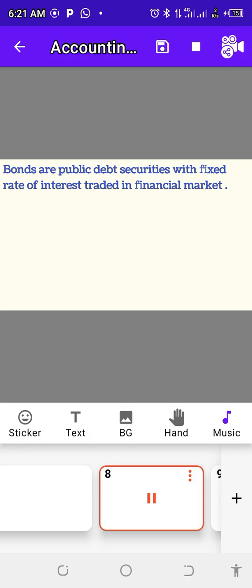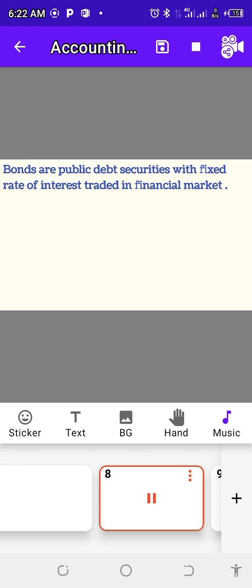What are the examples of bonds? Bonds are public securities with a fixed rate of interest traded in the financial markets. Let us take a look at the examples of bonds.